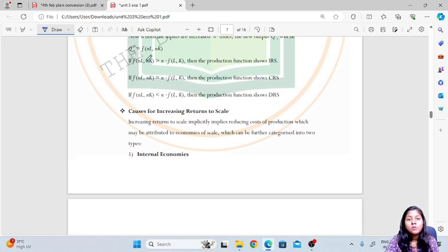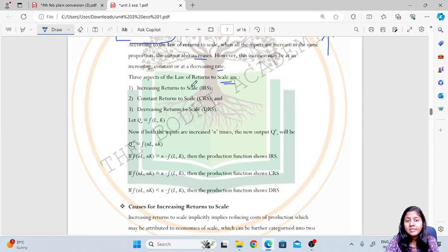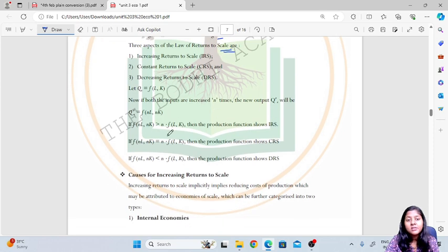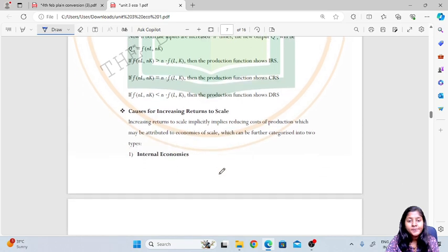If this is greater than n times F of L and K, the production function shows increasing returns to scale. If it is equal, it shows constant returns to scale. And if it is less than n times F of L and K, then the production function will show decreasing returns to scale.